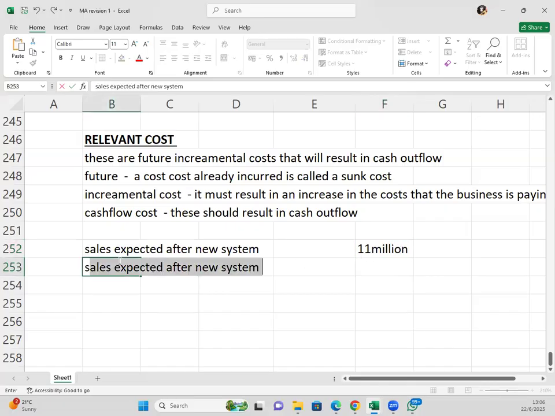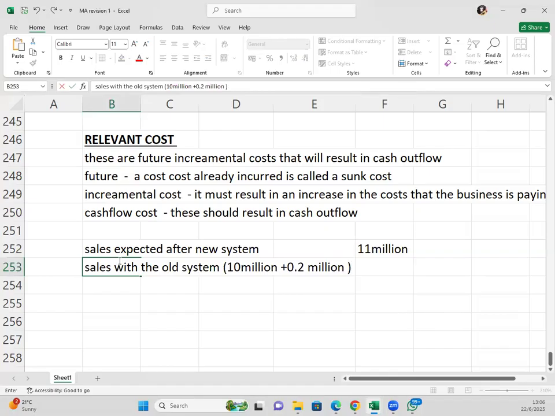Then sales with the old system. So they were 10 million last year, and they're expected to rise by 200,000. So that's 0.2 million.